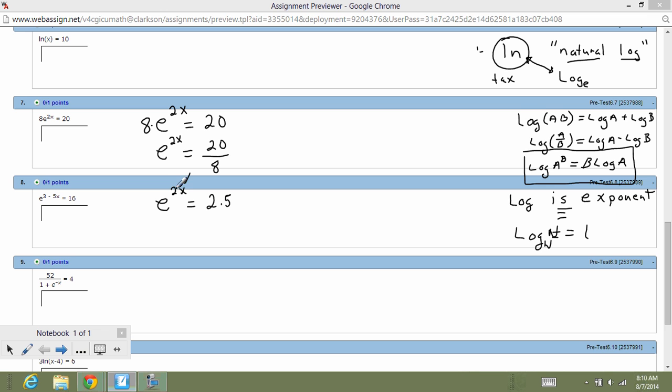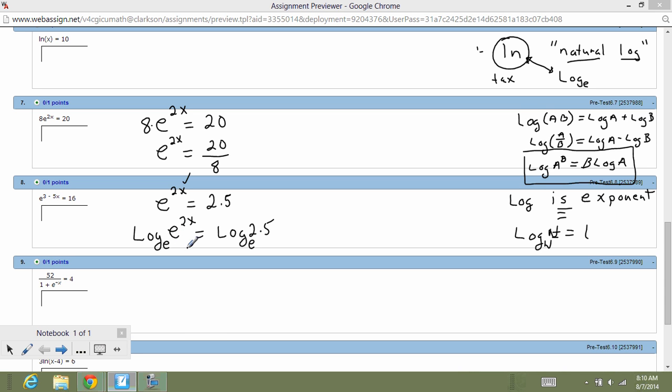To solve this, I'm going to take a log of both sides. Instead of doing a log base 10, which you could and wouldn't be wrong, it's going to be a little bit handier if I do log base e.